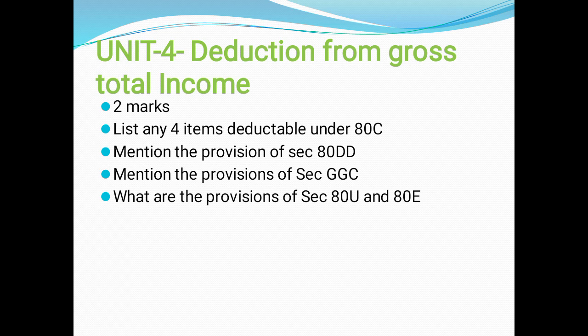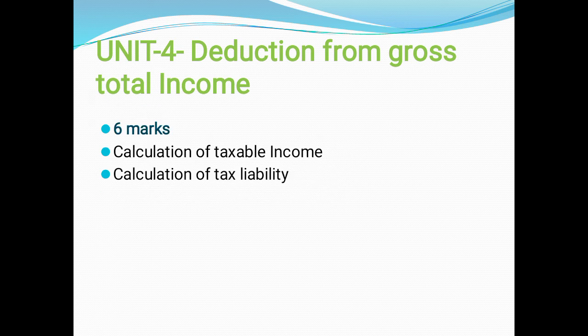And these deductions I think you know already, and point by point or section by section they may ask for 2 marks. Then for 6 marks, they will separately ask to calculate the total taxable income, that is, the total income minus deductions.